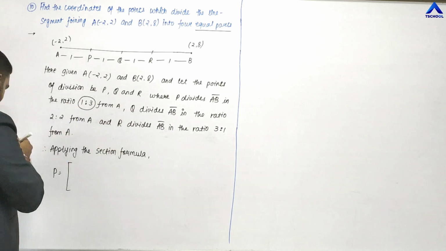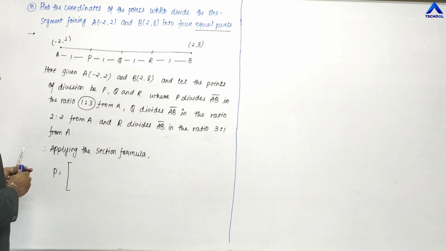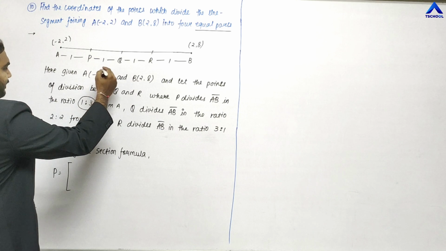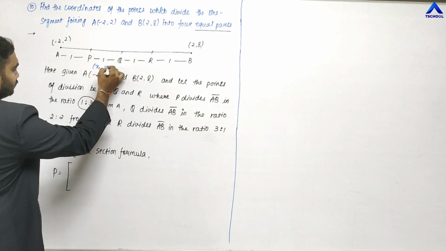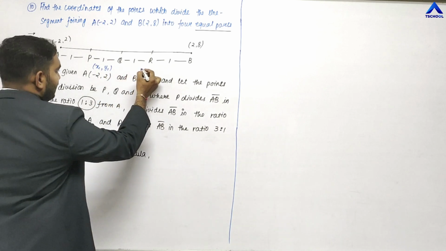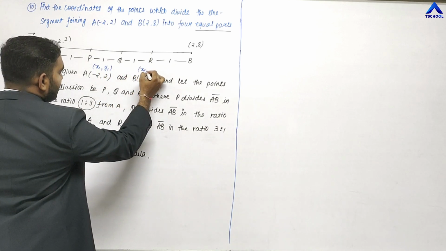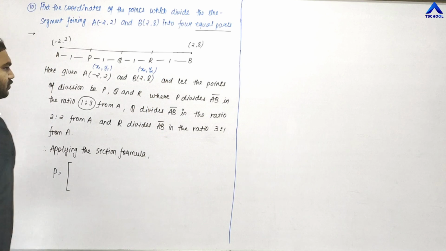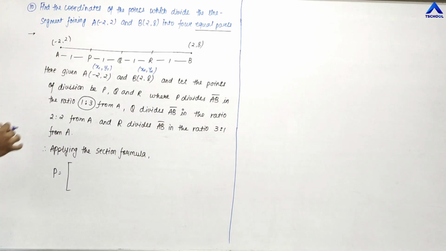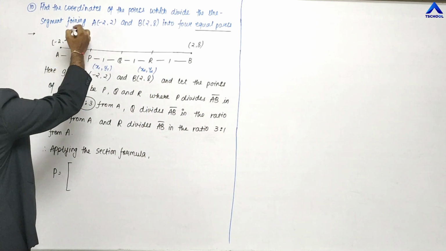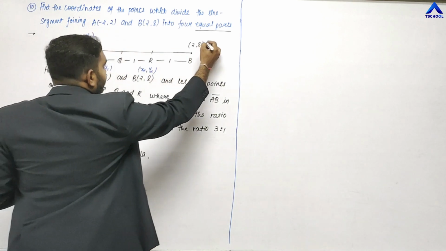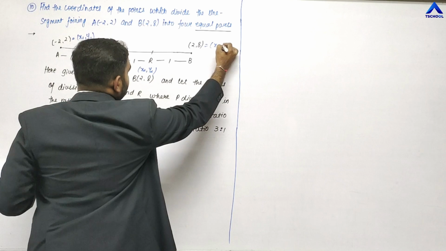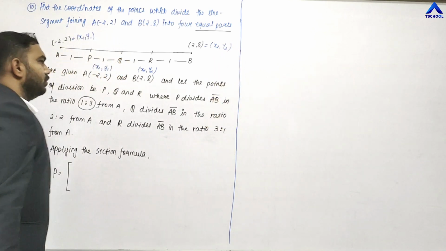Let this A (-2, 2) be taken as x1, y1, and let this (2, 8) be taken as x2, y2, right? So -2, 2 is x1, y1, and 2, 8 is x2, y2.